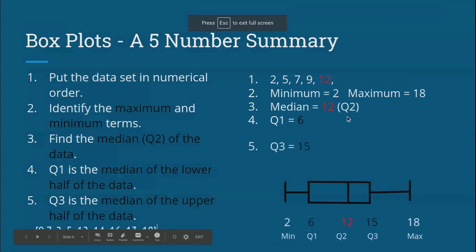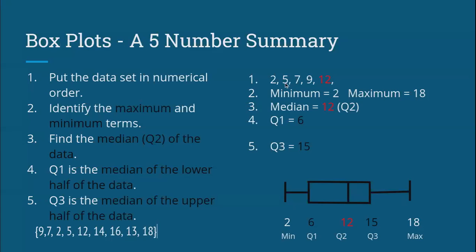Okay? So now we are at step 4. We only want to look at this portion of the data because, again, step 4 says that we want to take the median of the lower half of the data. So this is the lower half of the data.